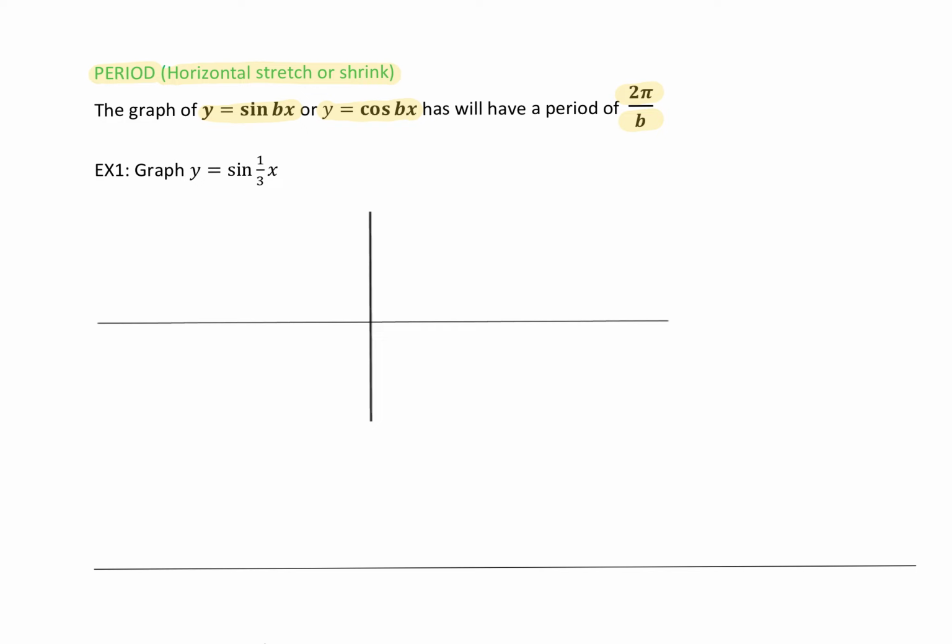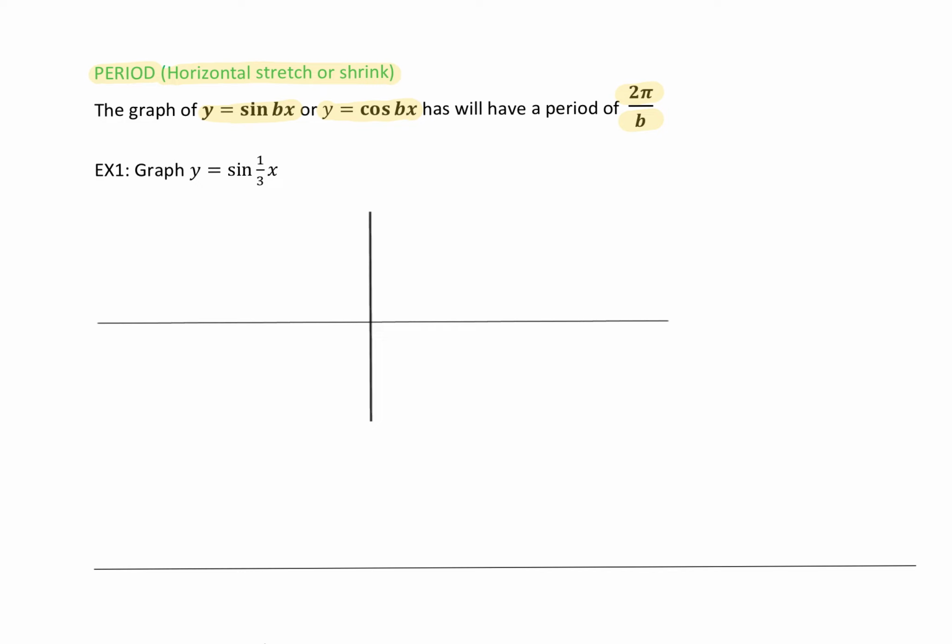If we shrink our period, then it's going to shrink the graph in towards the y-axis. If we stretch our period out and make it larger, then that's going to stretch our graph out from the y-axis. So we're either shrinking in or stretching out from our y-axis.